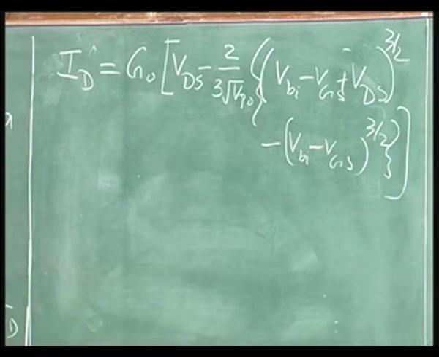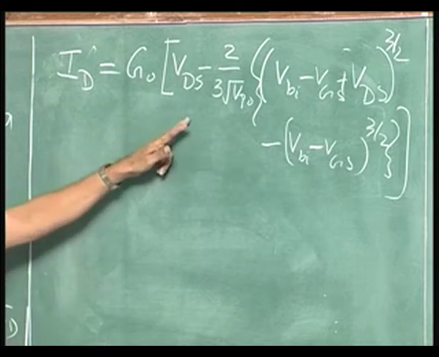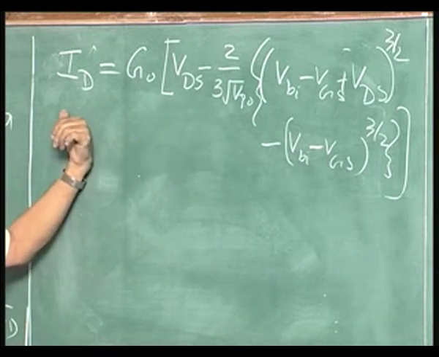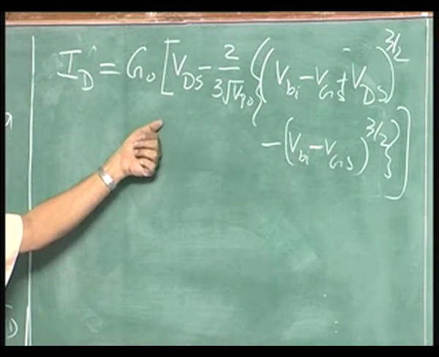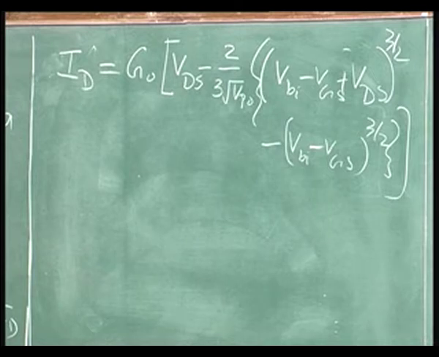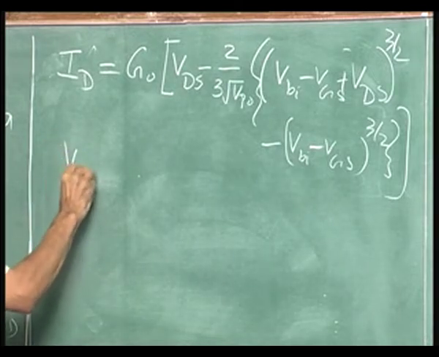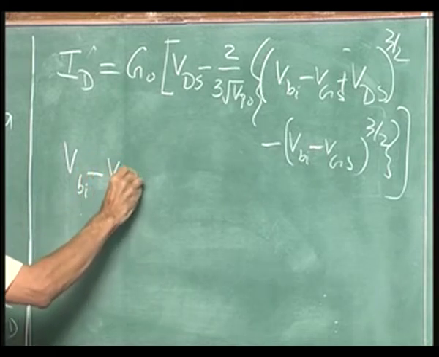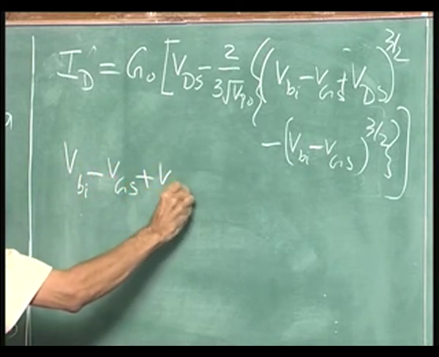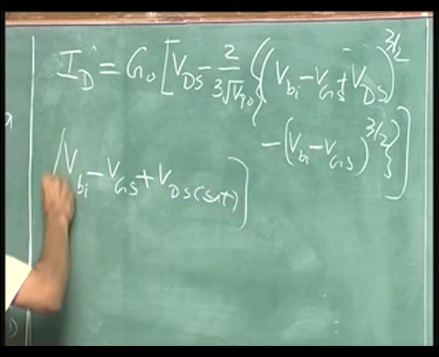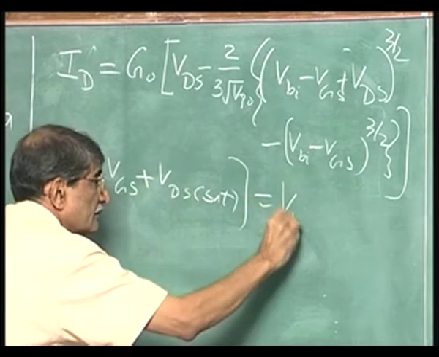So, what we say is, we want to find out the drain current when the drain voltage saturates, drain to source voltage saturates, that is what the voltage across the channel saturates. That happens when V b i minus V g s plus V d s saturation voltage is equal to V p 0.